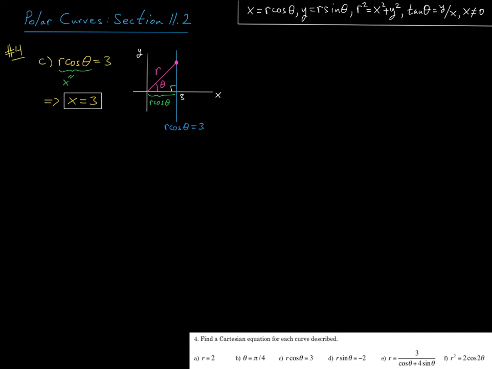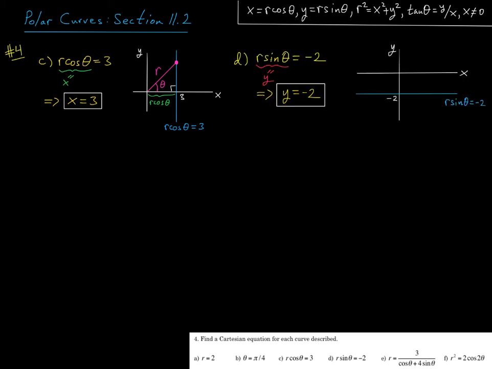All right, now if we look at part D, very similar. We have r sine theta is equal to -2, and given that r sine theta is equal to y, we get the Cartesian equation y is equal to -2, as you see right here.